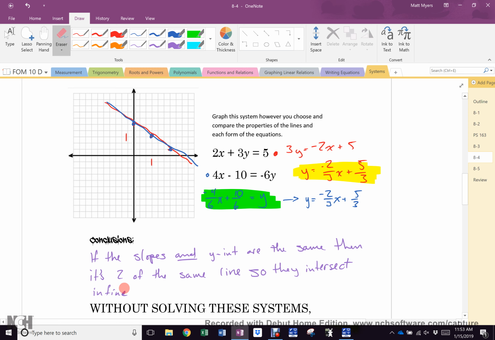They will intersect infinitely. How does this help us?